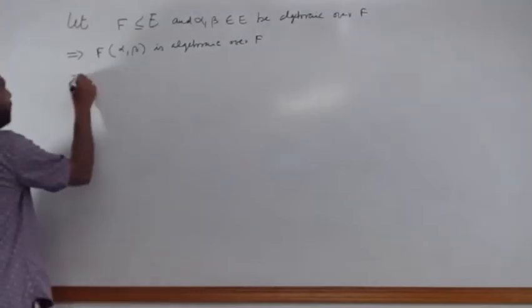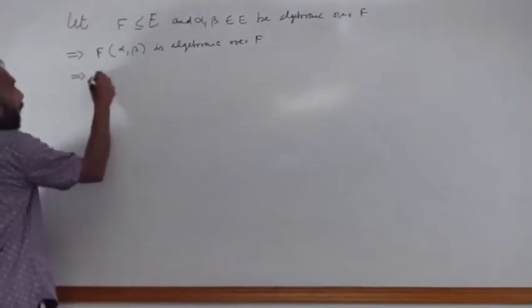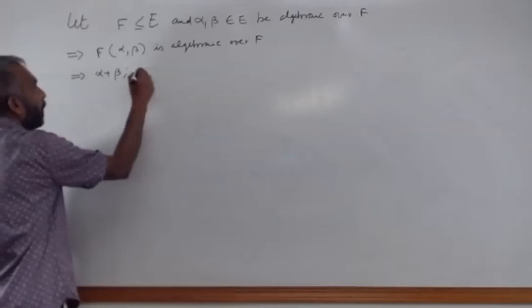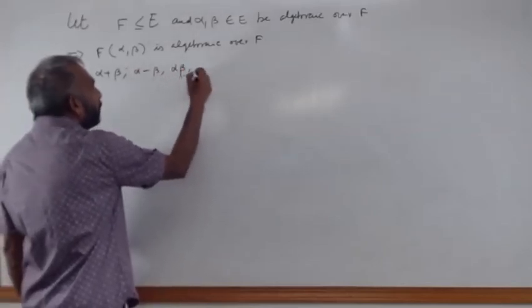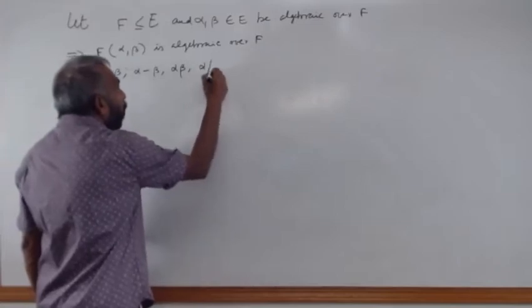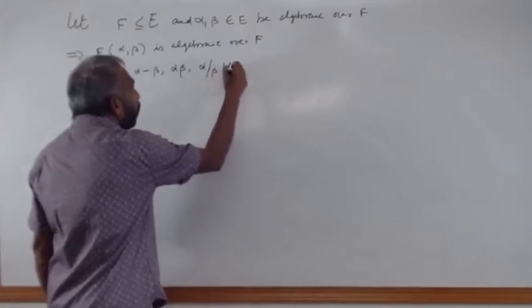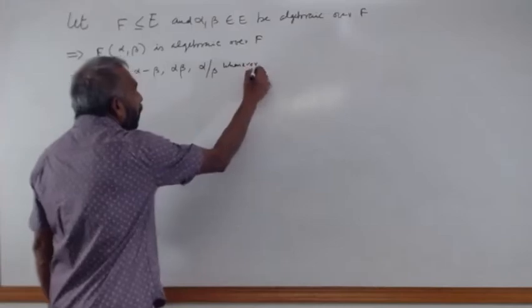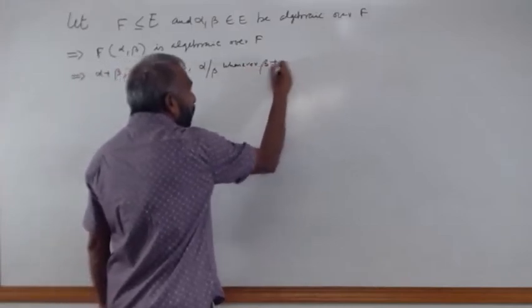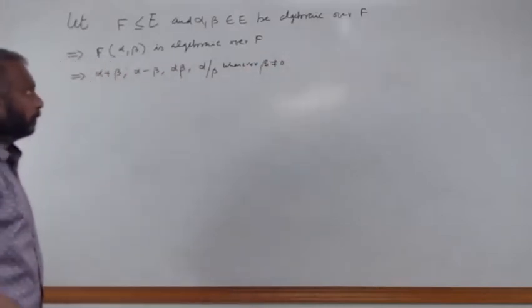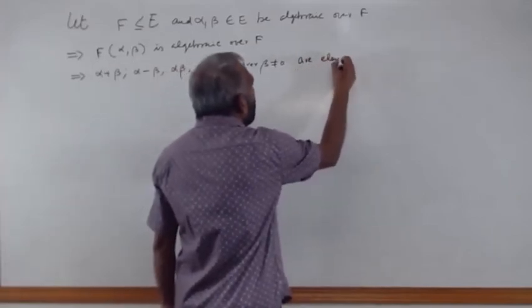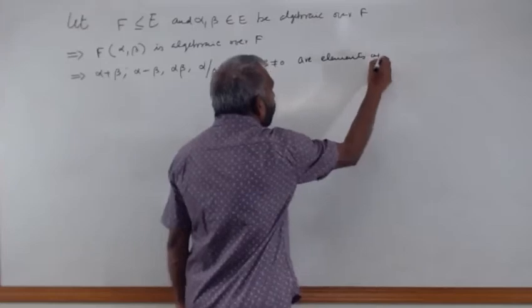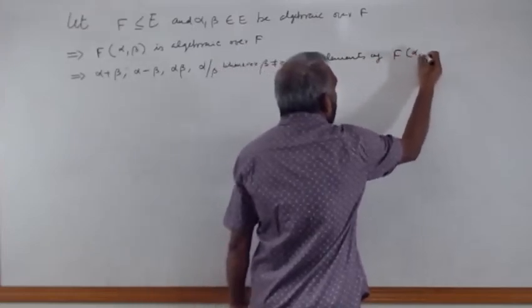So that implies alpha plus beta, alpha minus beta, alpha beta, alpha over beta whenever beta is different from 0, are elements of F of alpha beta.